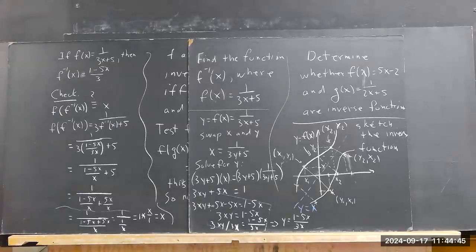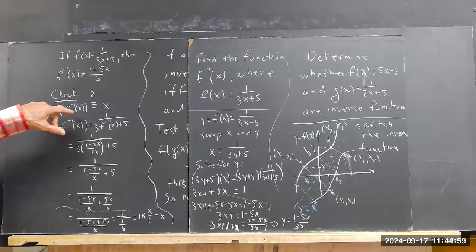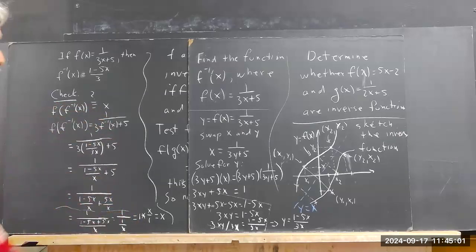So sometimes you've got to do a little bit of algebra to verify that you really have an inverse function. Now this is only f of f inverse of x equal to x. That's a pretty good check.